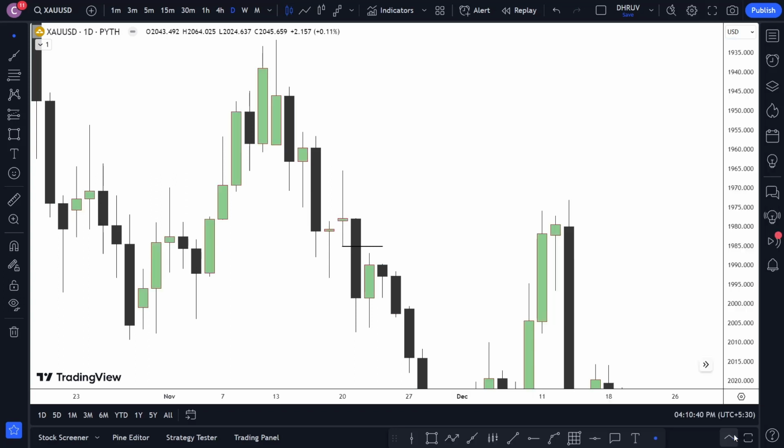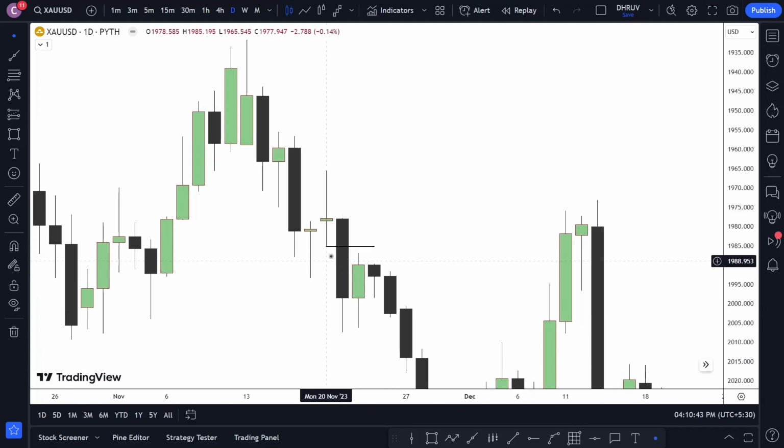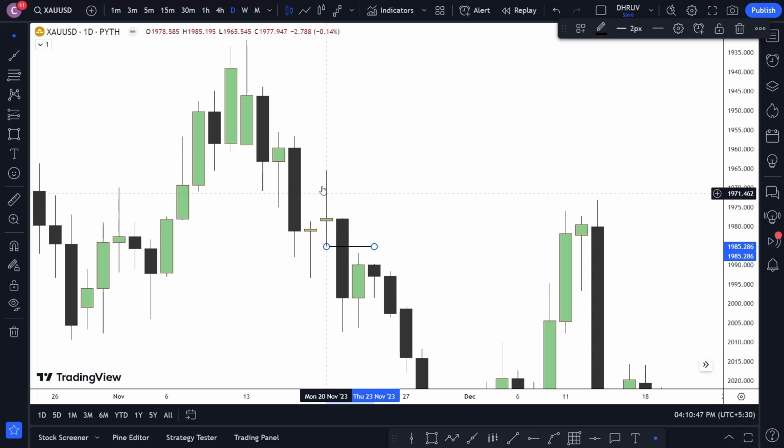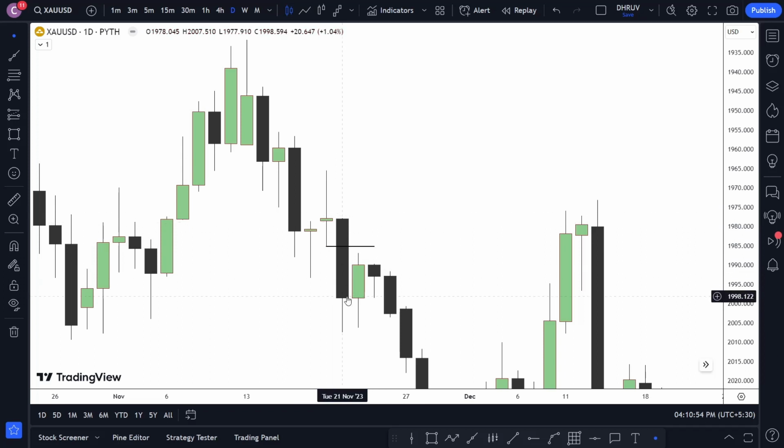Okay, cool, now it's simpler to see. This is a bullish candle, and we have closed with a bearish candle with the body closing below. So simply this is a bearish engulfing, right?